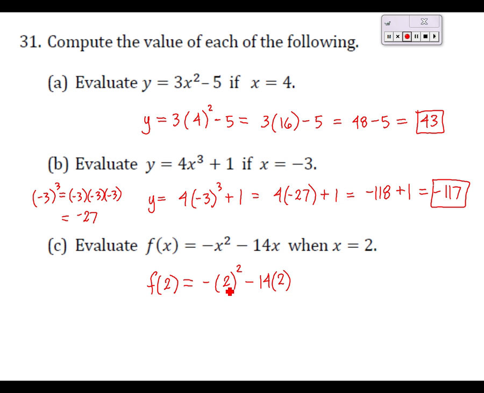Sometimes people read this as negative 2 squared. I emphasize this with the parentheses because we're going to resolve this power first, and then we're going to make it negative. It's like there's a negative 1 out front here. I think it's very common that people think, oh, negative 2 squared, that's positive 4. But wait, here we're doing 2 squared, and then only afterwards thinking of that as being negative. So that'd be negative 4 minus 28 is negative 32.